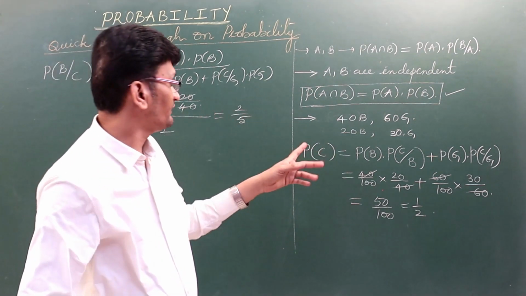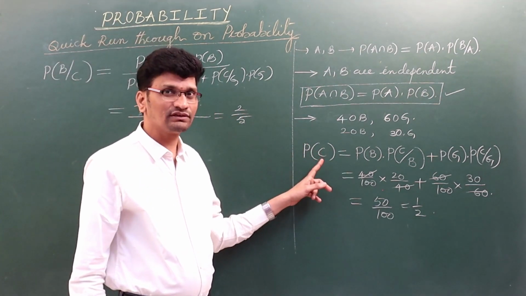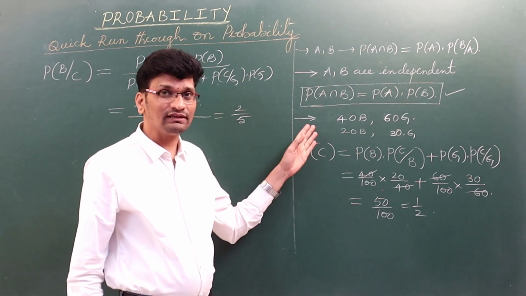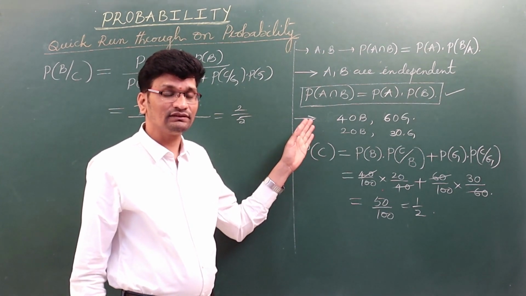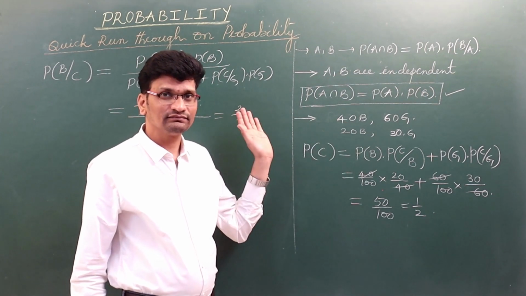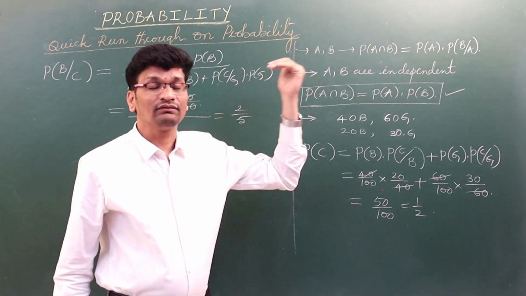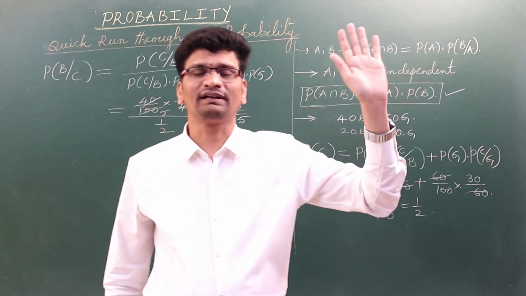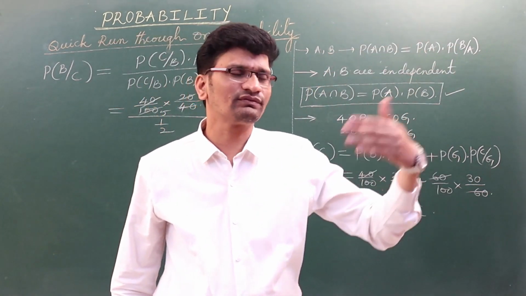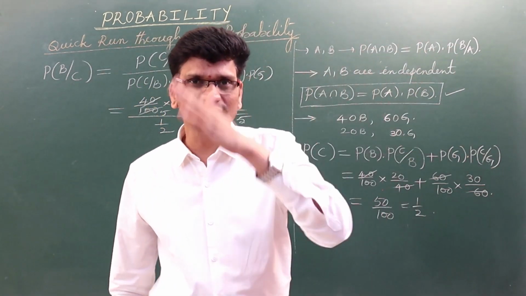Then we will choose this one. What is the probability that the selected person knows cricket from boys? Then that is conditional. And selecting the cricket-knowing person is ordinary probability. We may choose from boys or girls. So like this we will find.